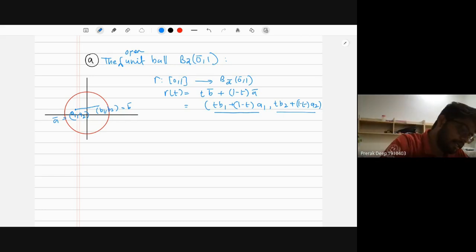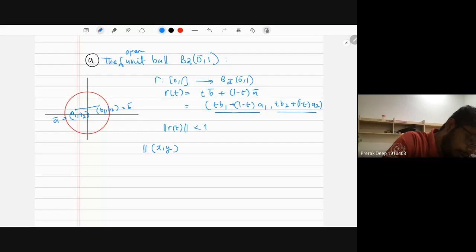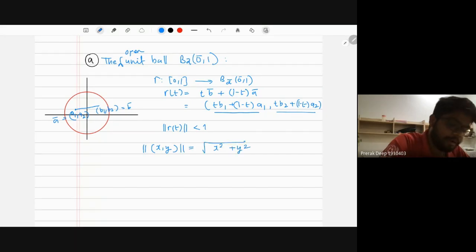You only need to check that the norm of this is smaller than 1, right? And for that, how do we prove that? So the norm of x comma y, any vector, is given by the square root of x square plus y square. Or you can do one more thing.